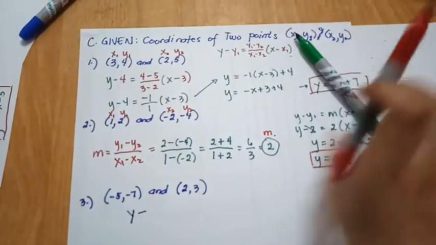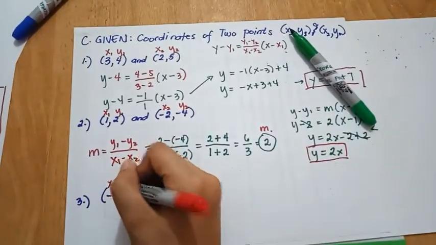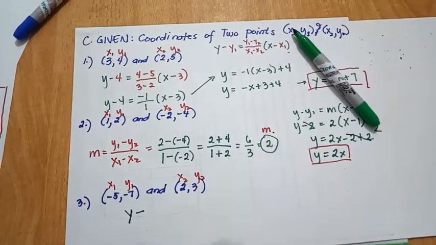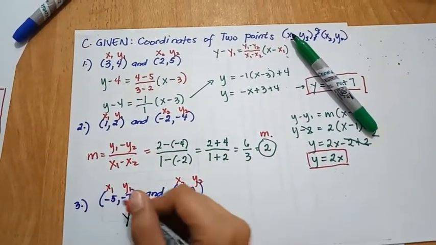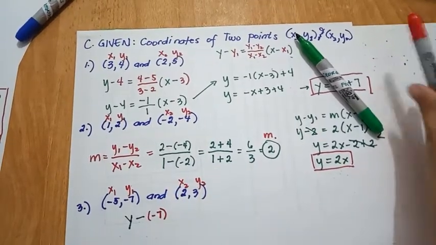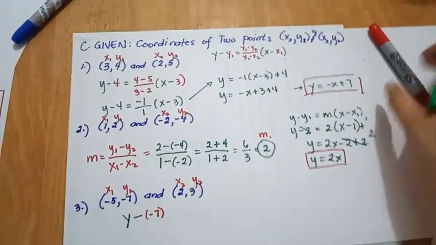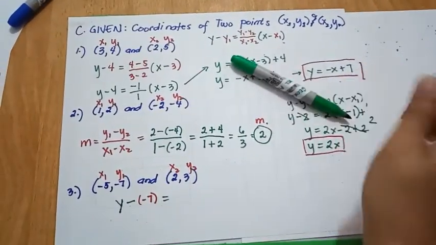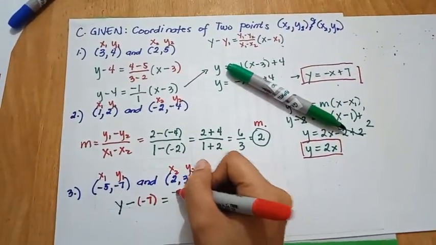Let us label it first. The first is x sub 1, y sub 1, x sub 2, y sub 2. So y minus y sub 1 is negative 7. So don't forget the sign, which is negative. Equals y sub 1 is negative 7 again.